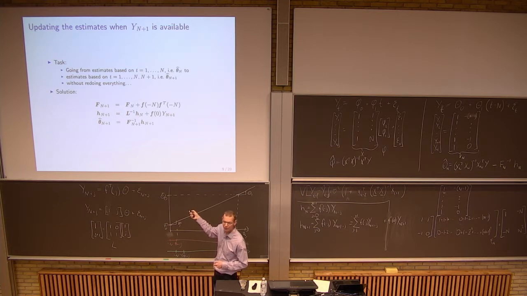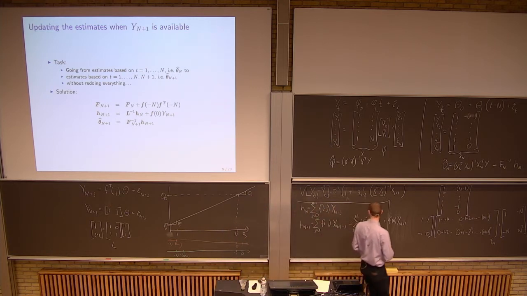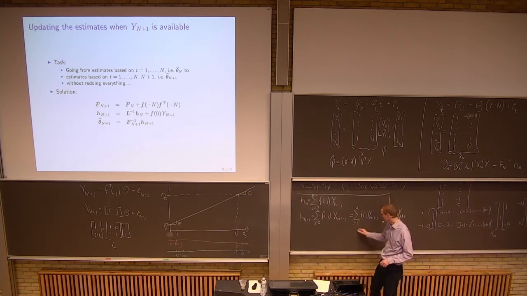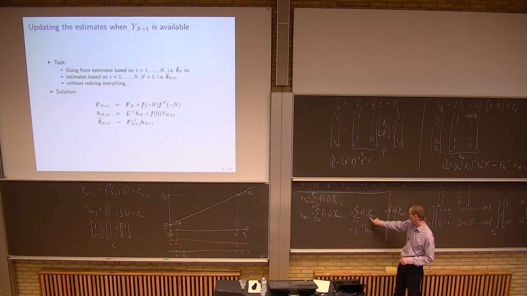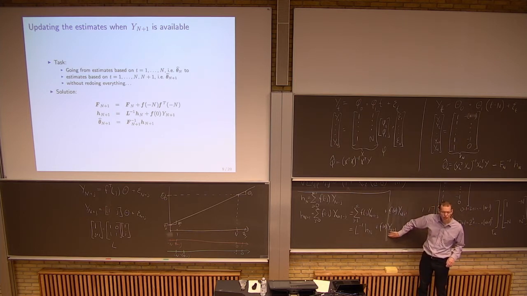What I want to do is shift my previous estimator hn one step backwards in time to get this, because the y's out here now have a different time index. And then plus f of 0 y n plus 1. So that's the update for h.